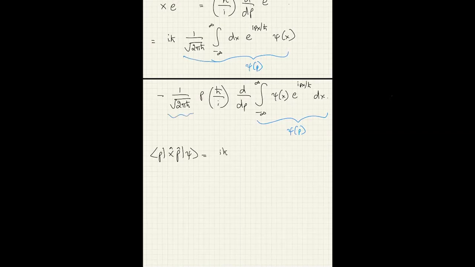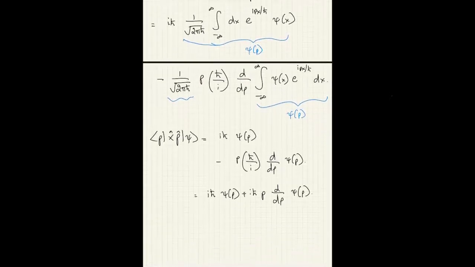Right. i h bar times psi of p minus p times h bar over i d dp of psi of p, which I can write as i h bar psi of p. If I write minus 1 as i squared, I get i h bar p d dp of psi of p. Okay, hope I got that one.